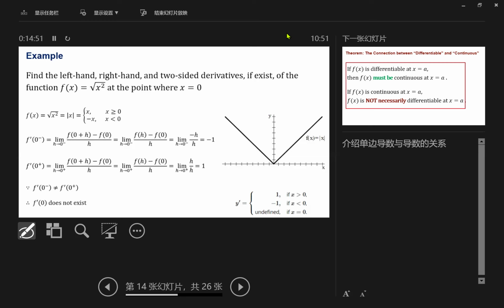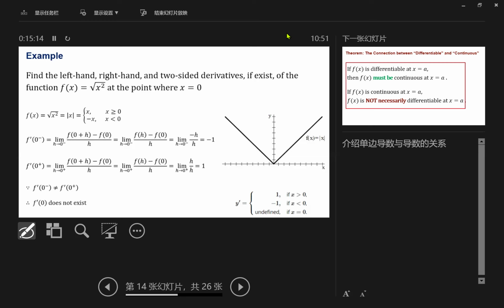equals the limit of f of 0 plus h minus f of 0 over h when h approaches 0 from the left side, right? When h approaches 0 from the left side, which expression do you need to use? Apparently, this point is to the left of x equals 0.